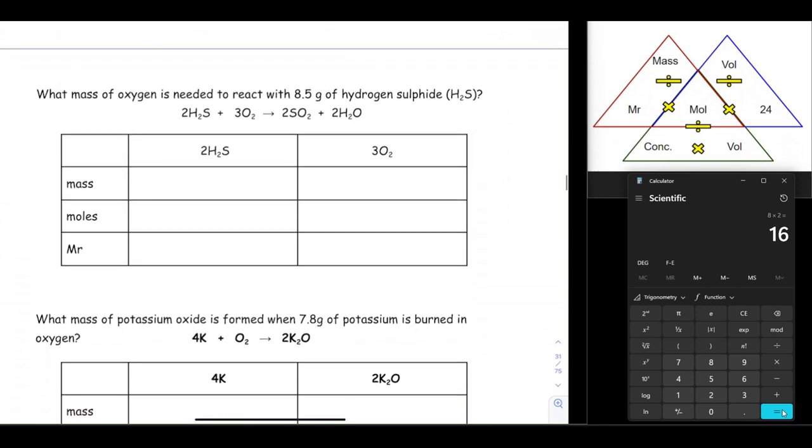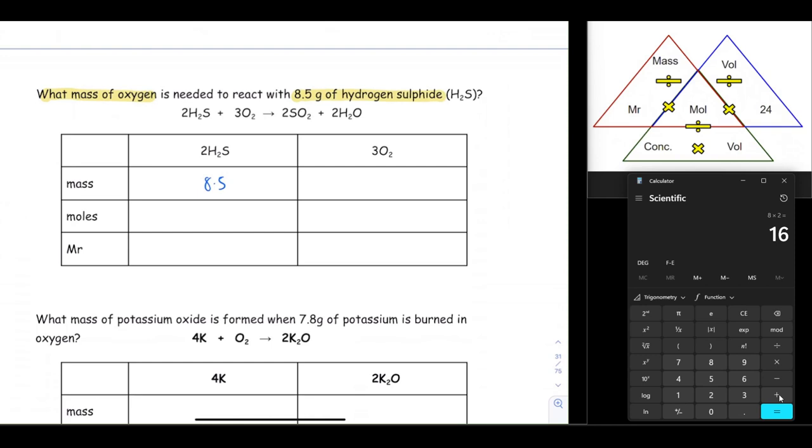What mass of oxygen is needed to react with 8.5 grams of hydrogen sulfide? So again, the equation is already balanced. I just plug in what the question wants. It's looking for what mass of oxygen, and it's told me that I've got 8.5 grams of hydrogen sulfide. So I've got 8.5 grams.